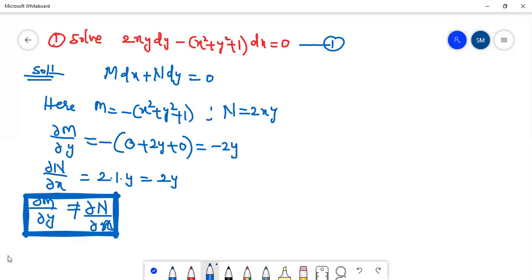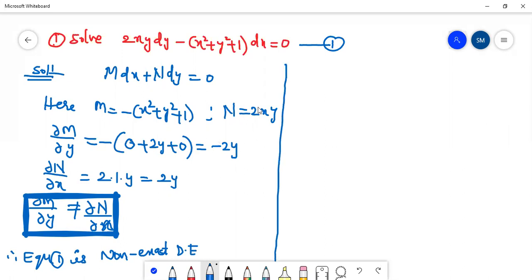Therefore, equation 1 is a non-exact differential equation. Next, just you can take the difference. Difference means it's negative, it's positive. After taking the difference, you are getting either positive or negative.